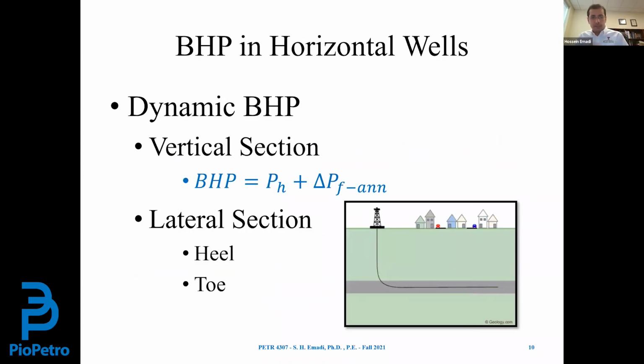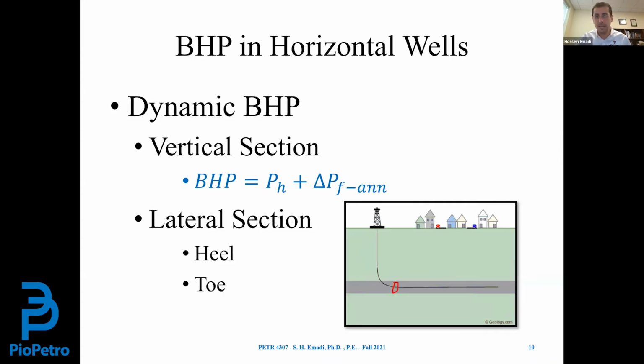For this reason, when we are drilling, for example, a horizontal wellbore, in the lateral section of the horizontal wellbore, the static bottom pressure is the same all the way from the heel to the toe. So when I say heel, here is heel.